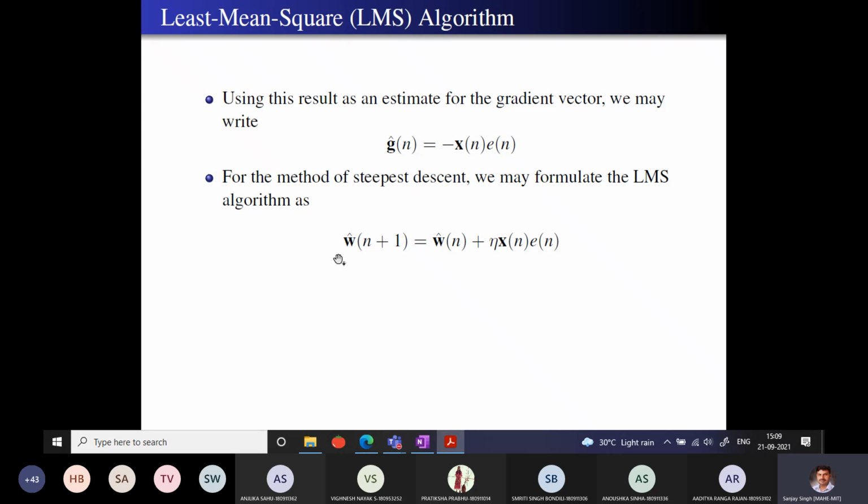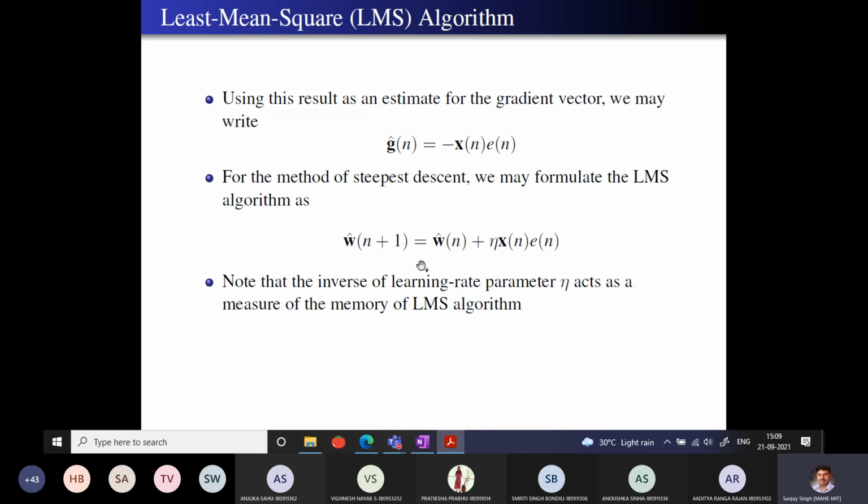There we wrote w(n+1) = w(n) minus eta g(n). So instead of g(n), because it's a minus, the minus minus becomes plus. And whenever we do the estimation of a parameter, we write the hat. Mostly in the case of LMS it is used like that, but in general it is also mentioned. So after substituting this, you have this one.